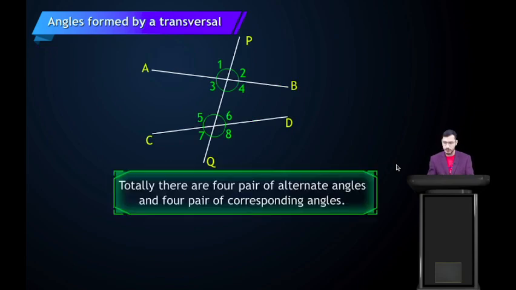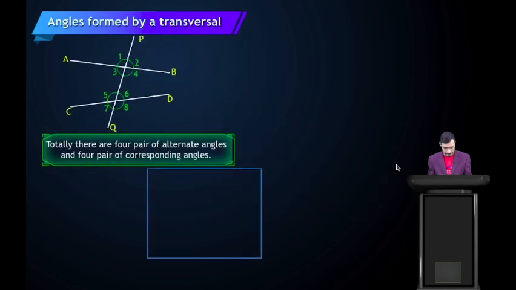So in total there are 4 pairs of alternate angles and 4 pairs of corresponding angles, out of 8 angles. Okay students, now let's summarize.